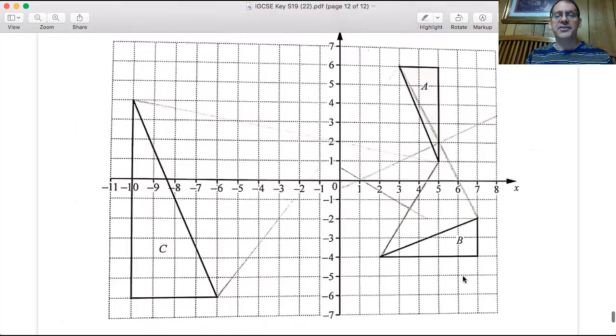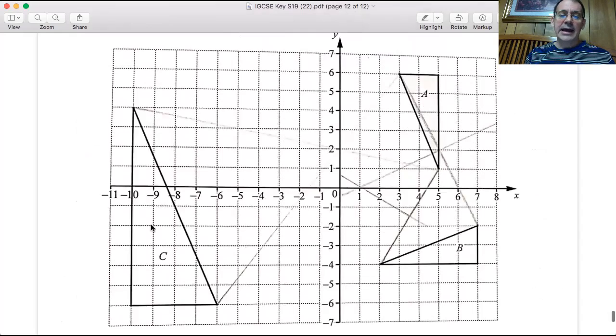Then A onto C. Notice A onto C, it looks like a rotation of 180, but the size changed. So if the size changed, it's not a rotation. Instead it's an enlargement, and because it's flipped upside down, that means your corners crisscross.